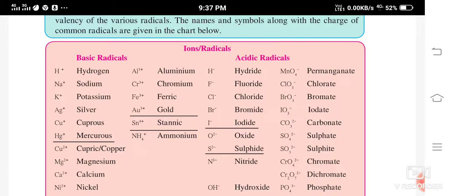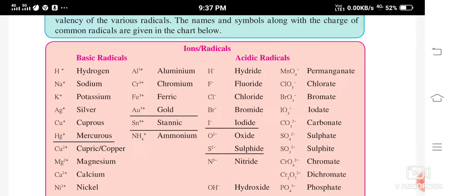Now see, hydrogen, sodium, potassium, silver, cuprous, mercurous, cupric, copper, magnesium, calcium, nickel: all these are basic radicals.